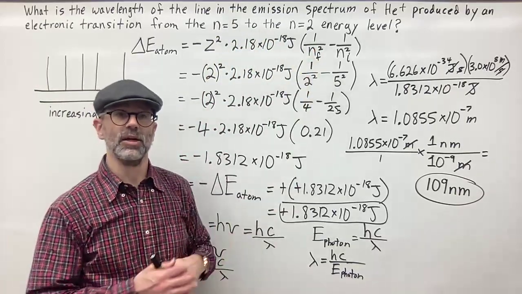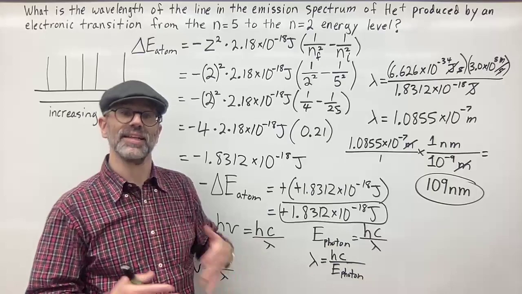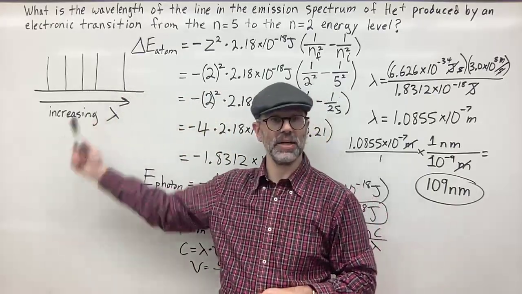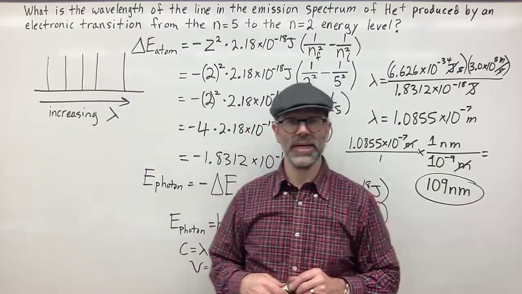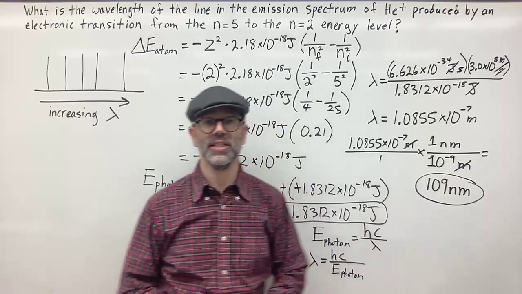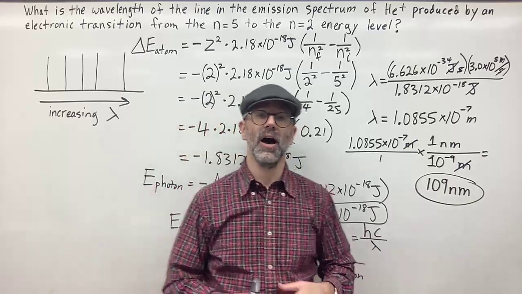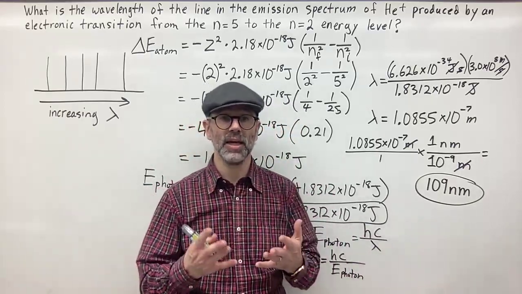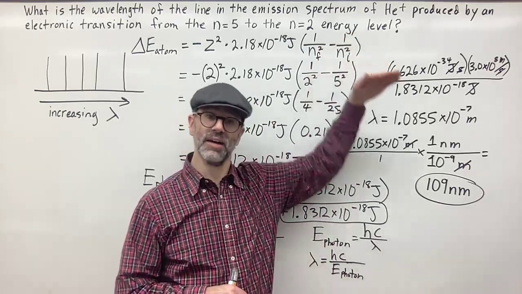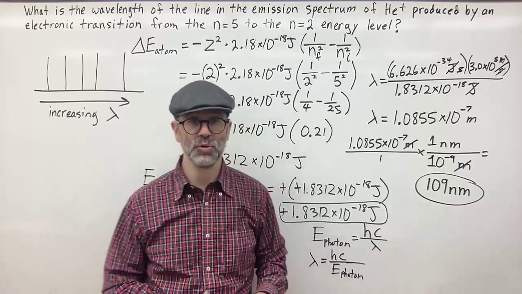And they were asking, what's the wavelength of that light that's associated with that band on the emission spectrum? And that's what we got here. So the 109 nanometers is the wavelength of light of that photon that's emitted due to the electron going from energy level number 5 down to energy level number 2.